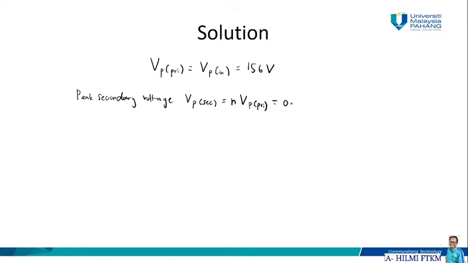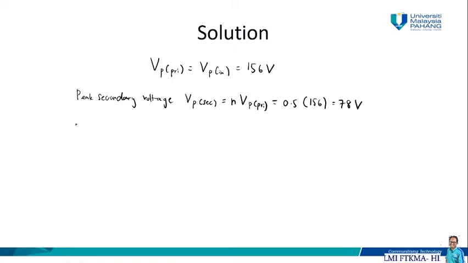N is 0.5 and Vp primary is 156. Therefore we get a peak secondary voltage of 78 volt, half of the primary peak voltage.